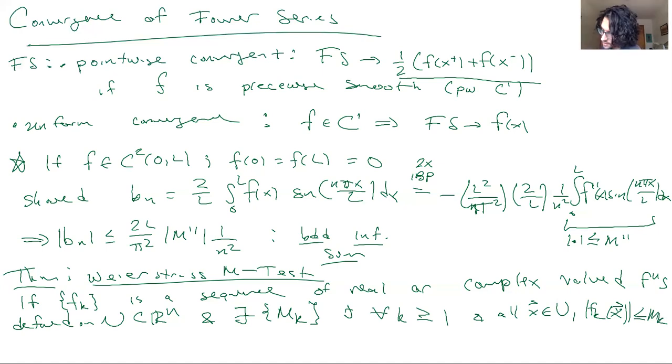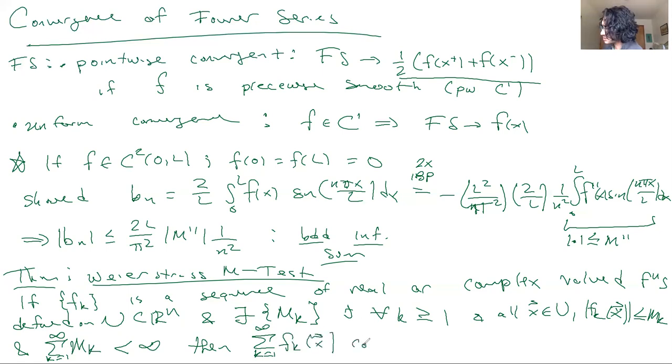Right? And the sum from k equals 1 up to infinity of M_k is bounded. Then, and now this is what we have, our infinite series, the sum from k equals 1 up to infinity of f_k of x converges uniformly on U. Okay. All right.